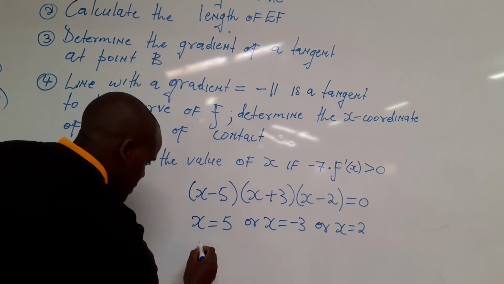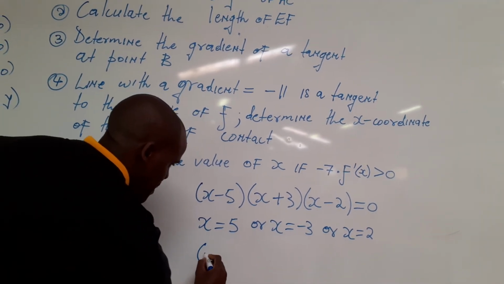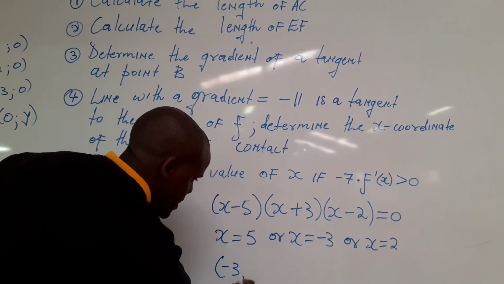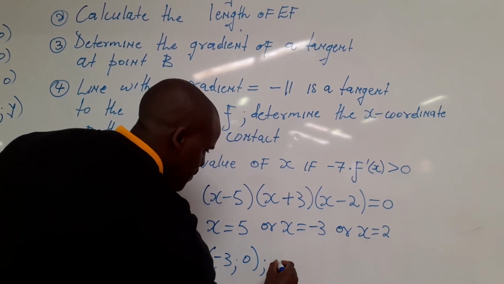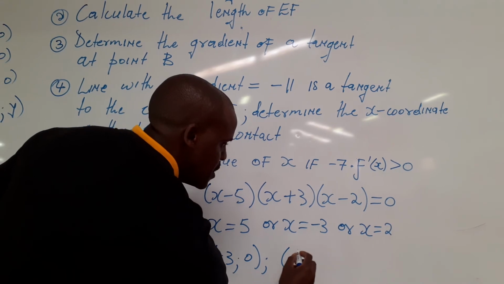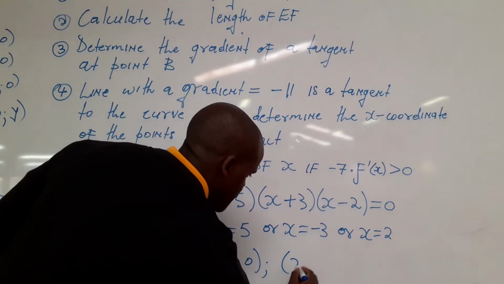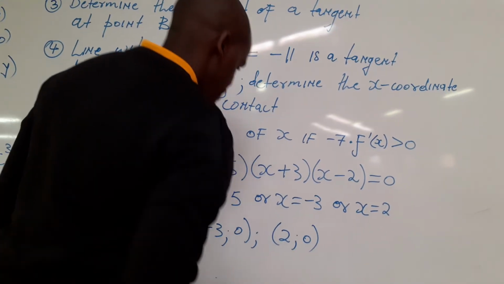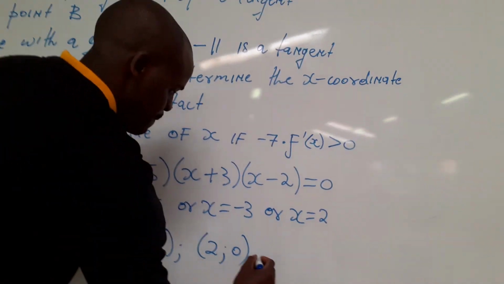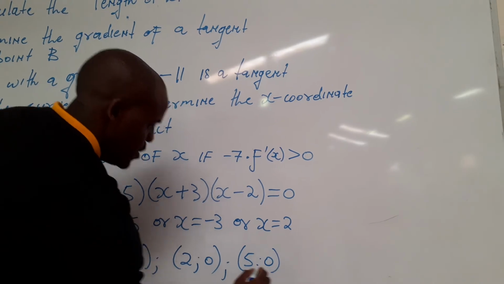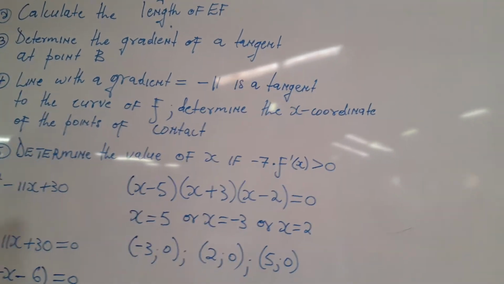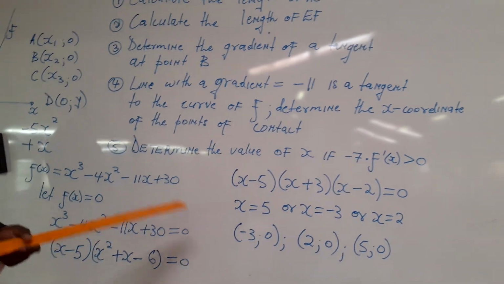Then our x-intercepts are (negative 3, 0), (2, 0), and the last one is (5, 0). These are our x-intercepts.